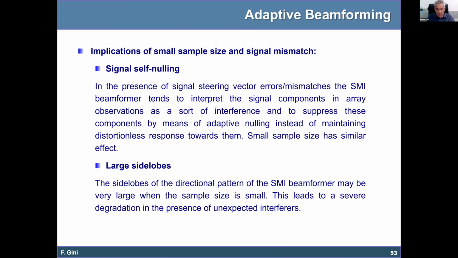So in the beam pattern of the adaptive beamformer, because of this non-ideality, you can have very large side lobes. And this happens especially in a scenario where the sample size is small. So when the number of snapshots is small. And with all the problems that you can imagine, because if you have large side lobes, you can have demasking.